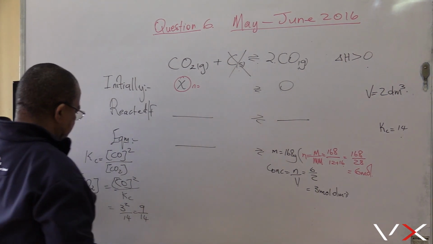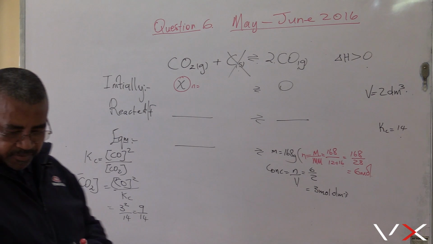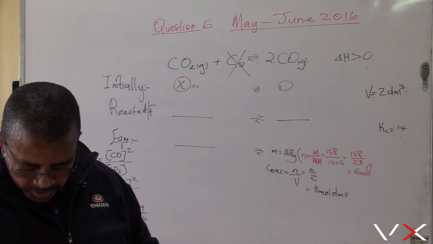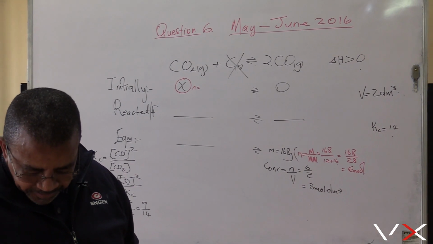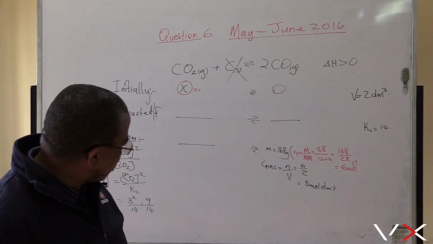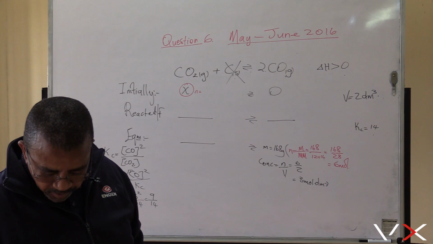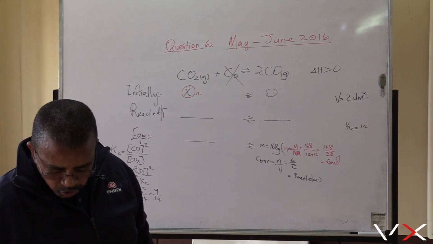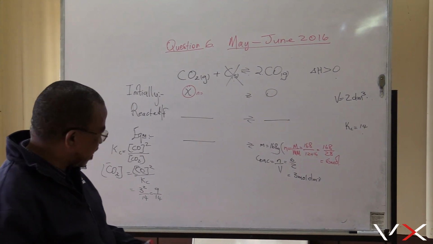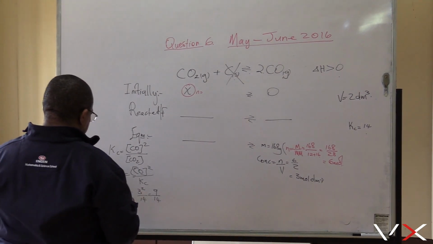What is 9 over 14? That is 9 divided by 14, which is 0.643.